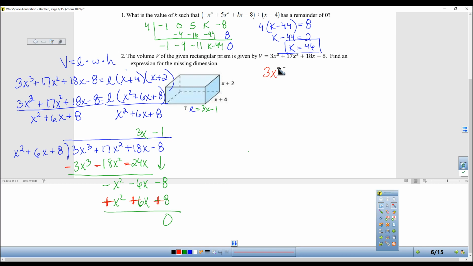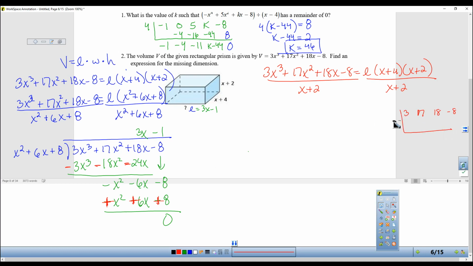So I'm over here at this step, 3x cubed plus 17x squared plus 18x minus 8 is equal to length times width times height. So if I divide both sides by x plus 2, I can get this answer synthetically. So off to the side, I do 3, 17, 18, negative 8.